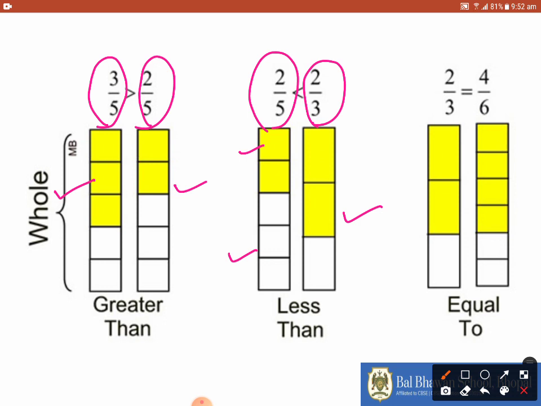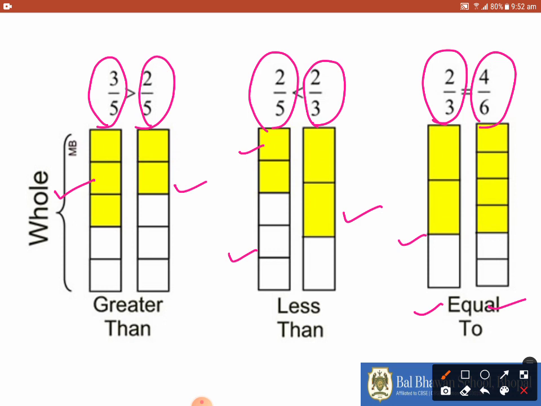And in the third picture, you can identify that 2 rectangles of same size are given, in which the first rectangle is divided into 3 equal parts, out of which 2 parts are shaded, represented by 2 upon 3. And the second rectangle of the same size is divided into 6 equal parts where 4 parts are shaded, which is represented by 4 upon 6.